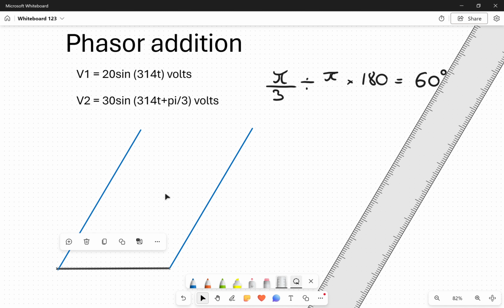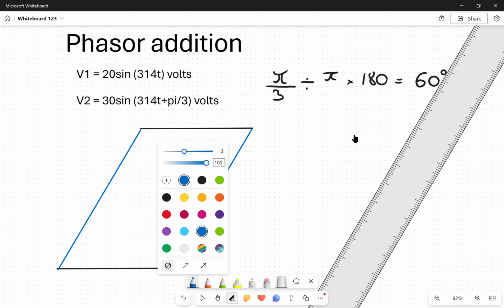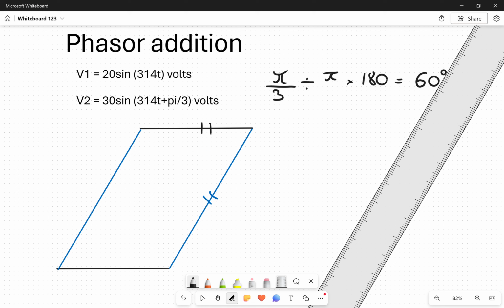Now, accuracy is key with this part, guys, because the more accurate this is, the more accurate your resultant waveform is going to be. If you want to be super accurate, we can now mark these on here, noting that these are our parallel lines and not actual phasor lines. We can also start scribbling some angles on here, so we can put down that this is the angle of 60 degrees that we calculated from our radians.